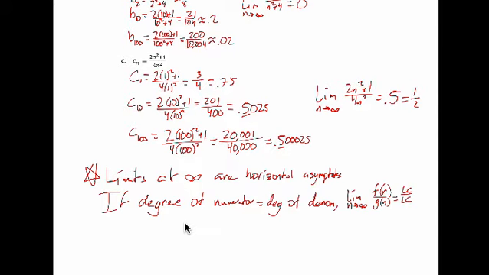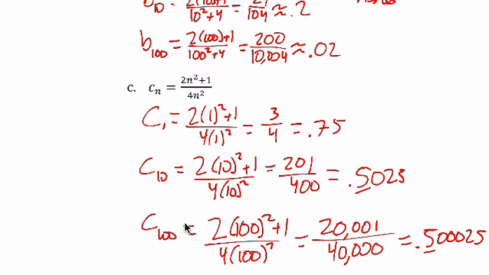So taking a look at that last example we did, the degrees of 2n squared and 4n squared are equal. We got a 2, we got a 4. So what we could have done, instead of going through that whole pattern, is look at the leading coefficients. It would be 2 over 4, which, hey, look at that, it's 1/2.